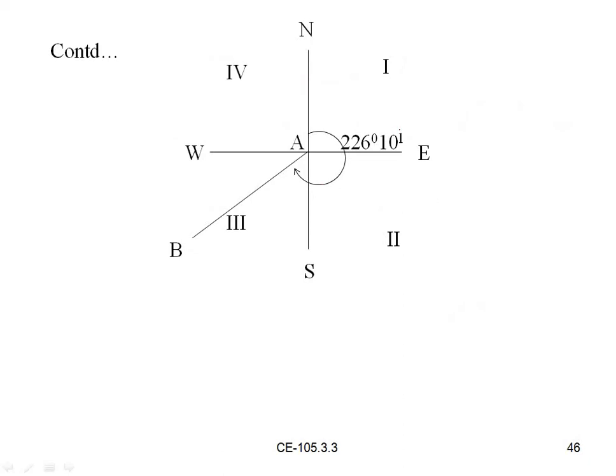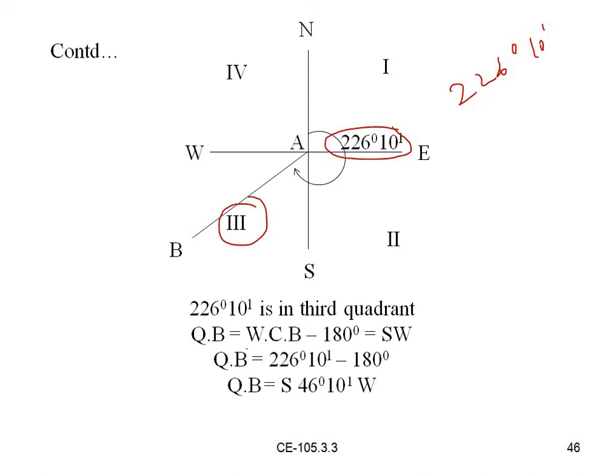And next, 226 degrees 10 minutes. In which quadrant is it? Third quadrant. If it is in the third quadrant, what will you do? Whether you will do minus 180 degrees or plus 180 degrees, we have to do minus 180 degrees. Then we will get the value 46 degrees 10 minutes. It is in between south and west.